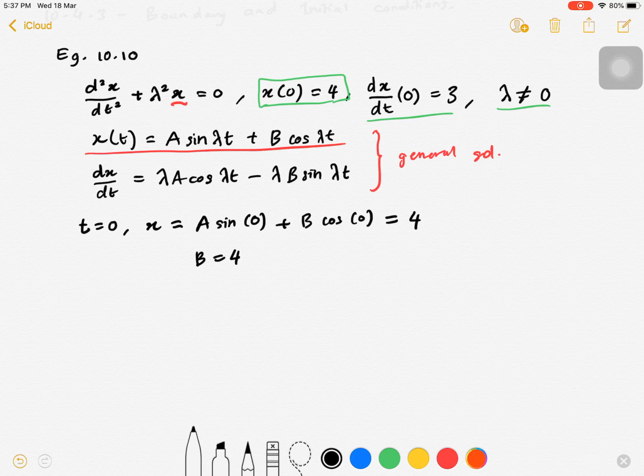Okay, and then we can consider the second condition, which is this one.